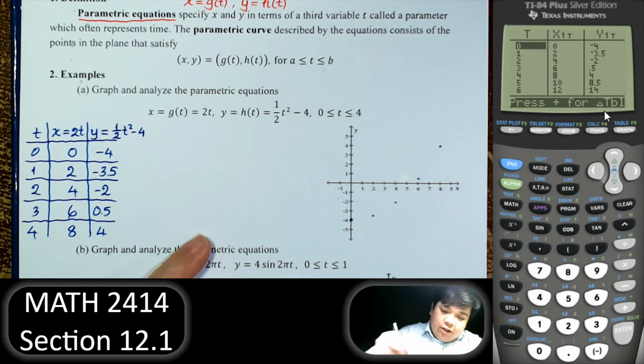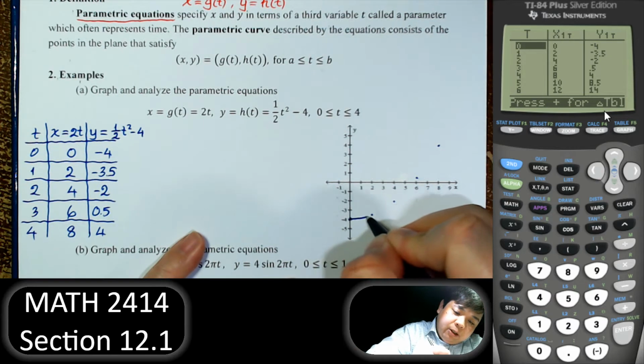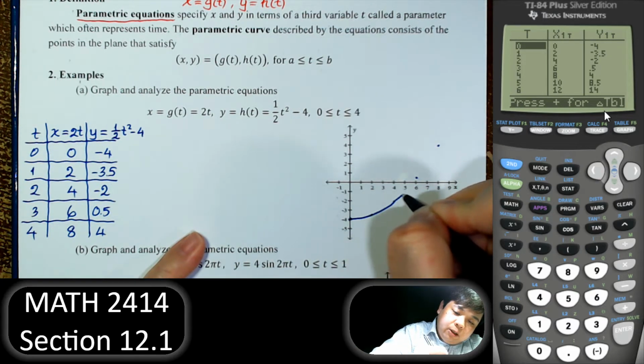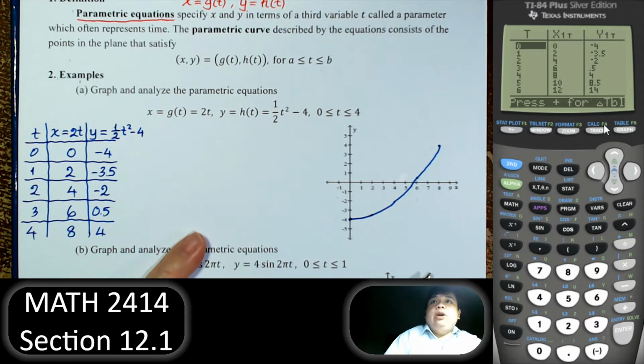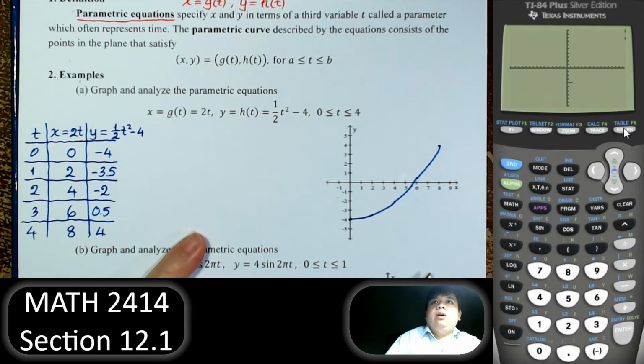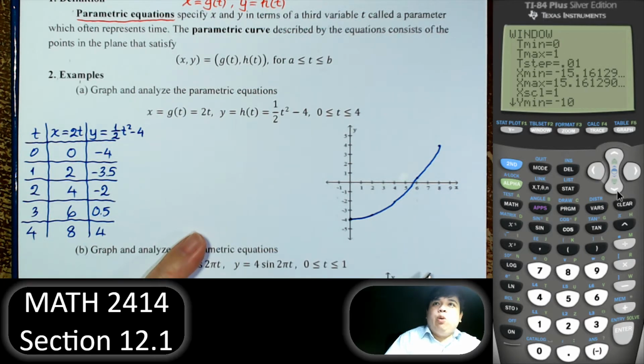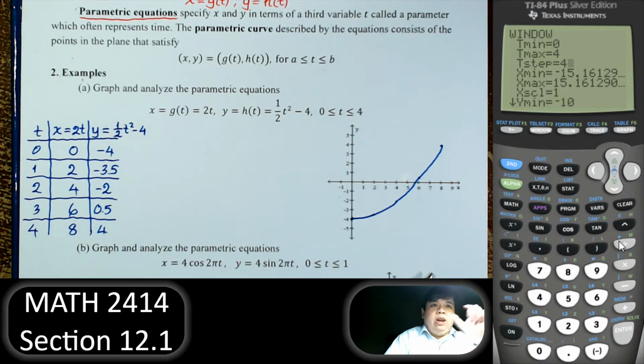And so we have the curve. If we hit graph, we actually need to change the window. We go from 0 to 4, so the length is 4. I divide by 100, so it will graph 100 points.